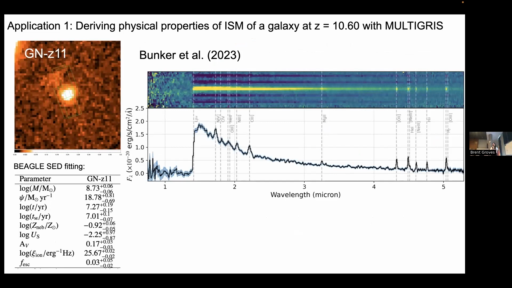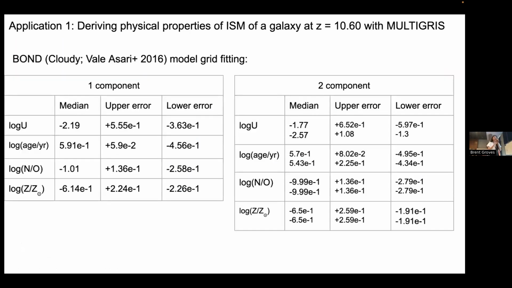We used this package firstly to fit a high redshift galaxy at redshift 10.6, which used to be the most distant galaxy we have ever detected. Here I show the image and the spectrum of this galaxy, and the table shows the physical parameters this paper derived using Beagle SED fitting. We first used the bound cloudy model grid to try to derive the physical properties of this galaxy.